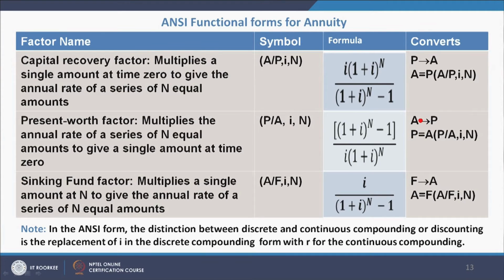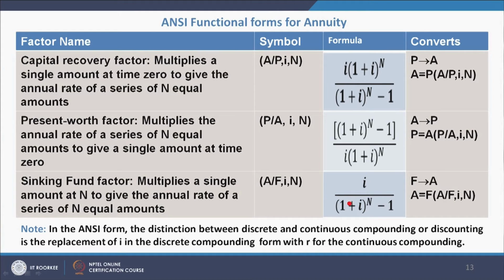This converts the annuity to present worth, so it is written as P = A × (P/A, i, n). Third is the sinking fund factor. It multiplies a single amount at n to give the annual rate of a series of n equal amounts. It is given by (A/F, i, n).